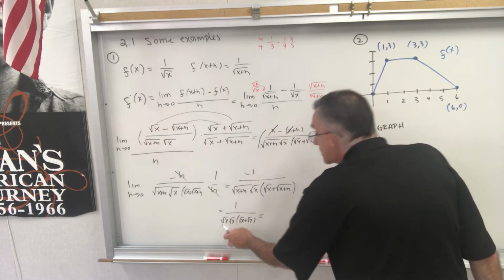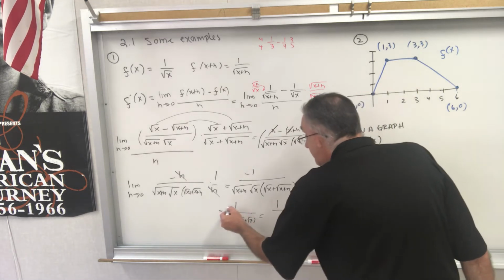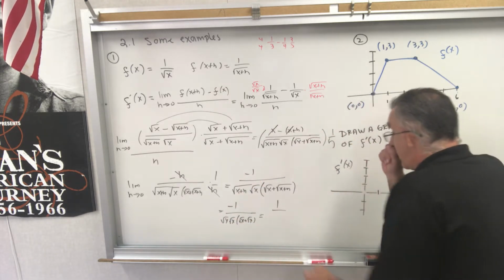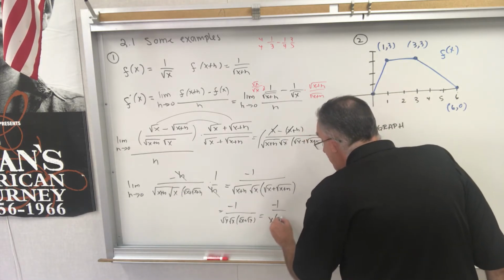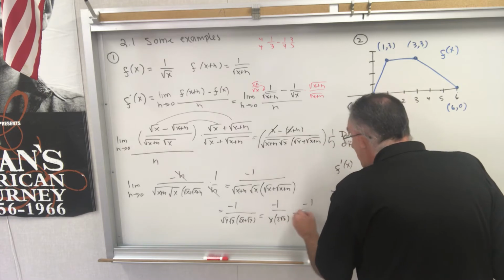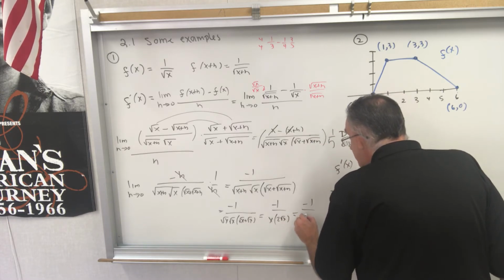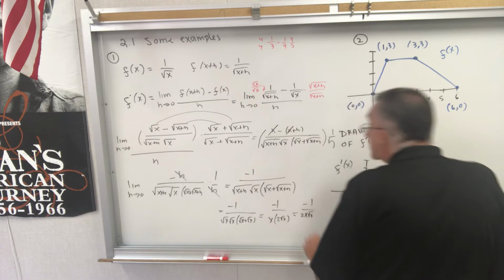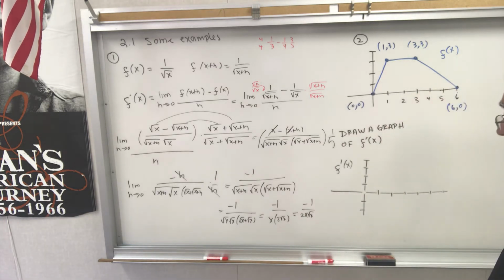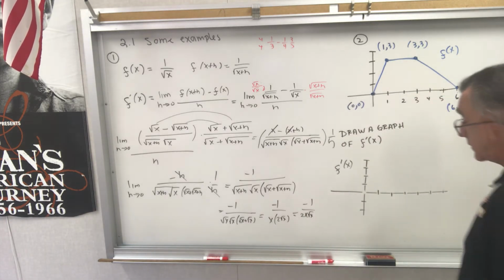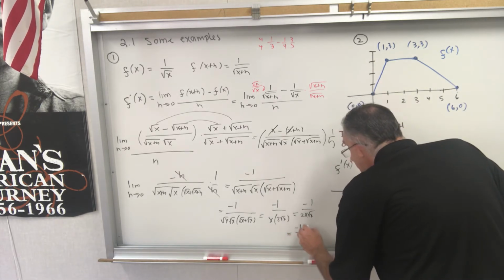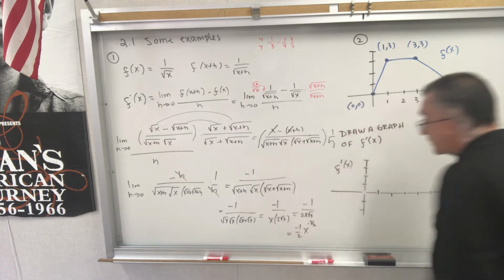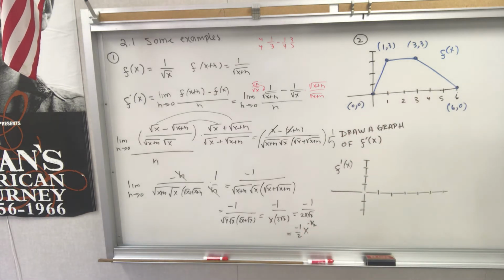The square root of x times the square root of x is x, and don't forget that negative, and then 2 root x. So negative 1 over 2x root x. And if you want to be fancy, you can write it as negative 1/2 x to the negative 3/2.